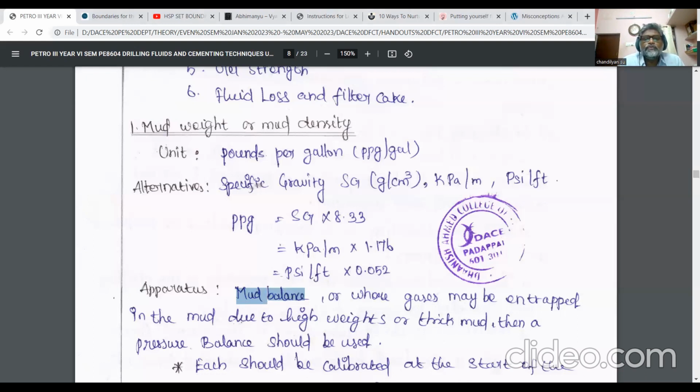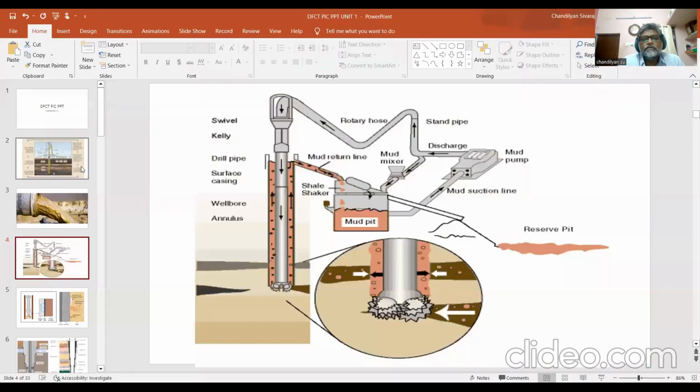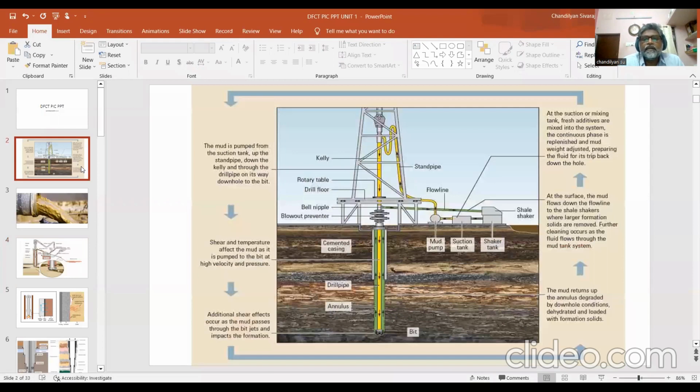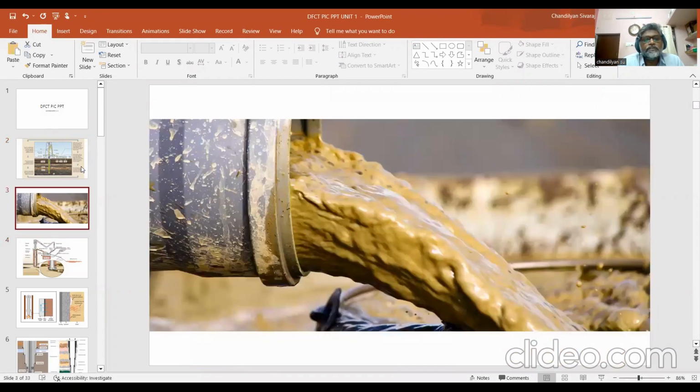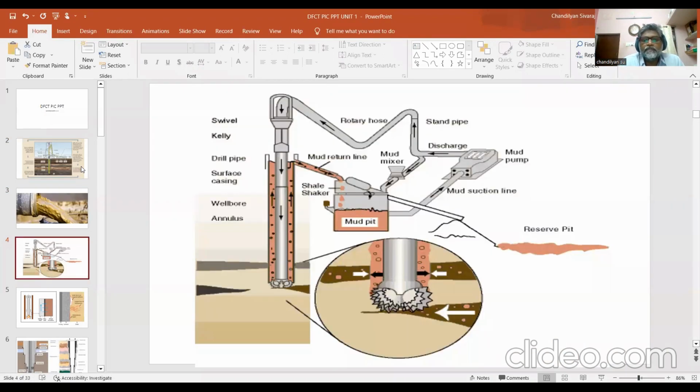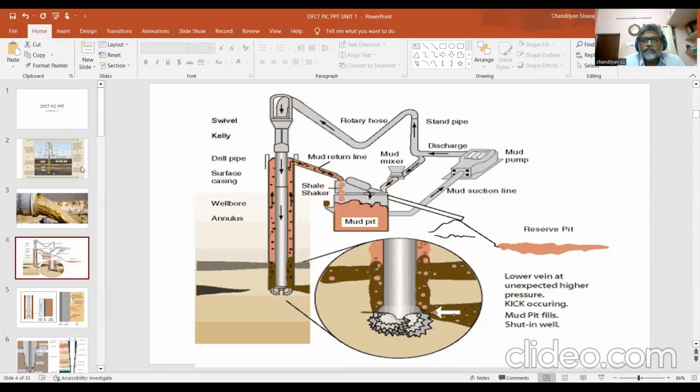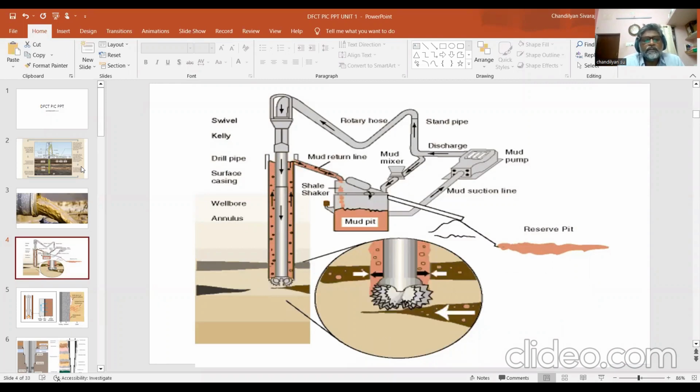Now I'm shifting to the PowerPoint. You'll be able to see the PowerPoint. This is the entire schematic for a drilling rig. We understood what is a drilling fluid and its operation. We saw a visualization of drilling fluid and an animation of the subsystems of the drilling rig.